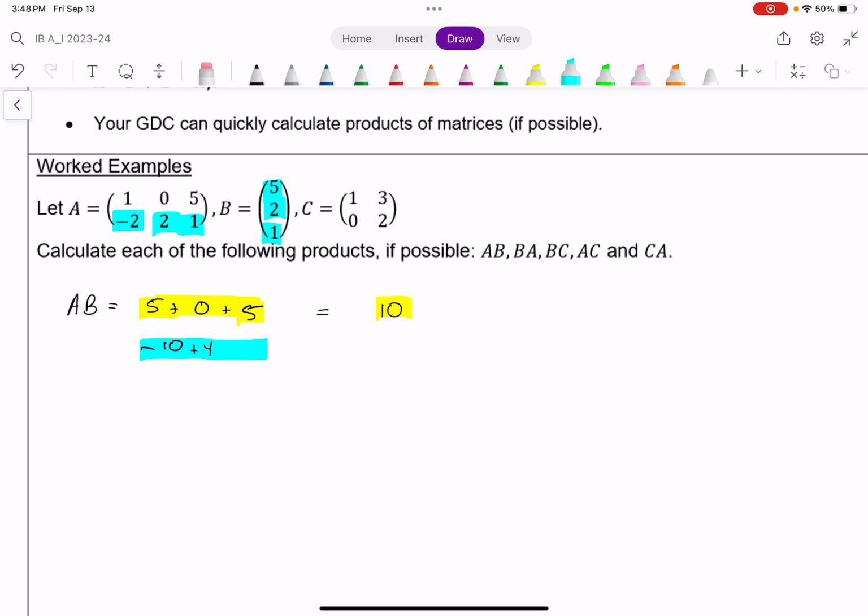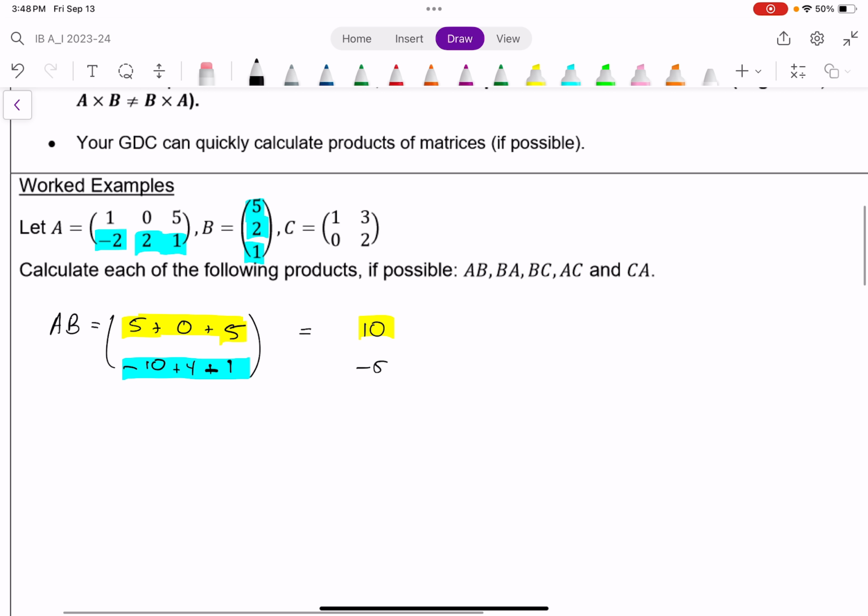And then 1 times 1, which is 1. Again, those are not 3 elements. That is a sum. I add those up, and I get negative 5. And so in the end, my matrix is a 2 by 1 matrix, 10 over negative 5.